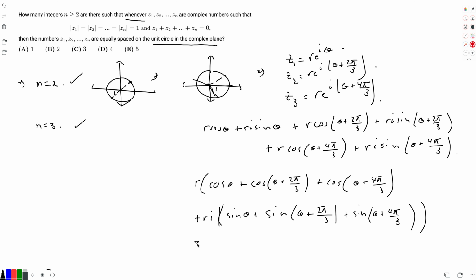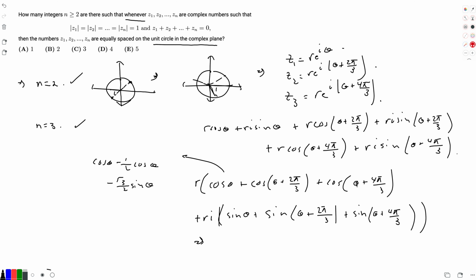Okay, so let's see what this evaluates to. Cosine theta, we can split this using sum to product, sum and differences. Cosine theta, cosine 2 pi over 3, that'd be negative 1/2 cosine theta. And then minus sine theta, sine 2 pi over 3, that becomes negative root 3 over 2 sine theta.